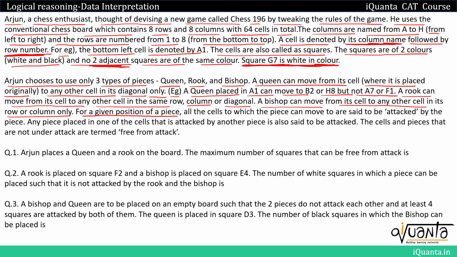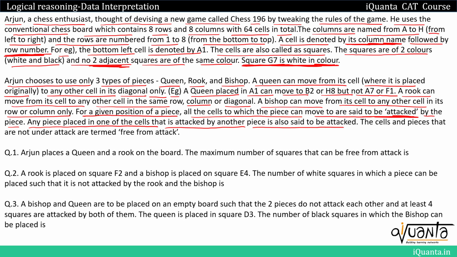For a given position of a piece, all the cells to which the piece can move are said to be attacked by the piece. So basically if I put a particular piece on a particular position, all the cells it can reach will be the cells the piece can attack. Any piece placed in one of the cells that is attacked by another piece is said to be attacked.